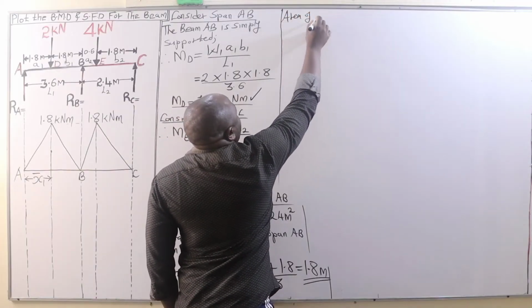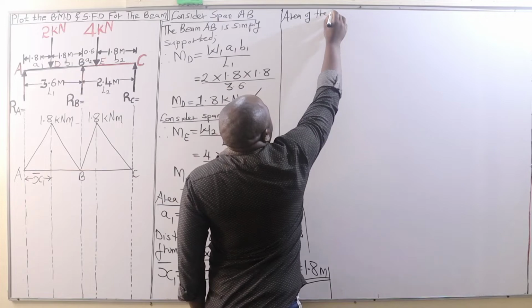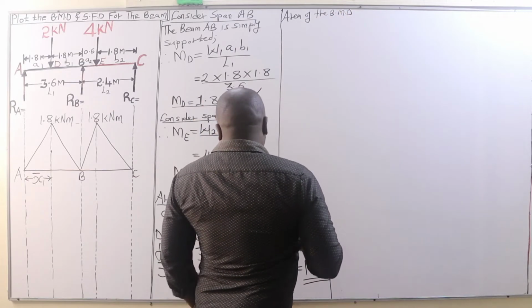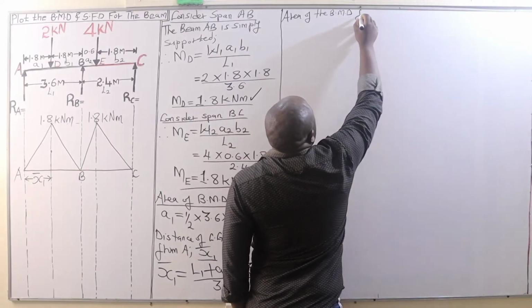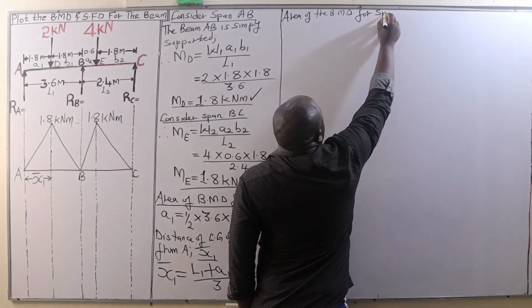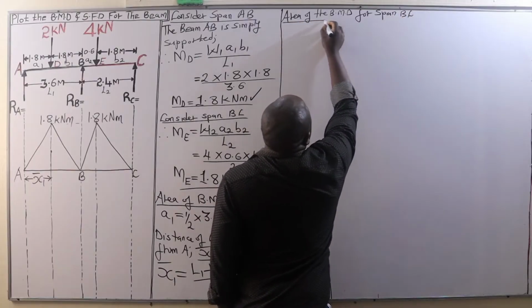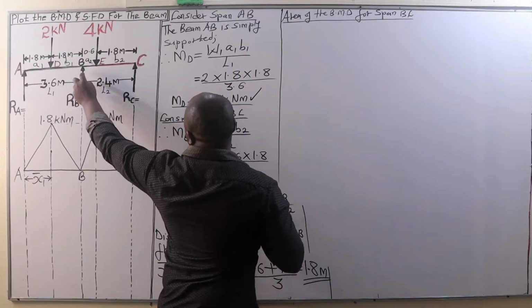After getting that, the next one will be the area of the bending moment diagram for span BC.